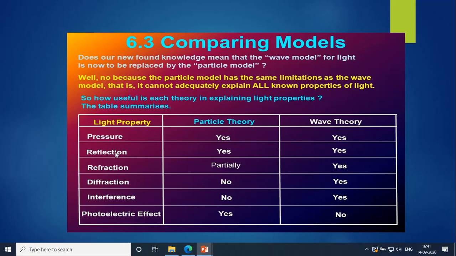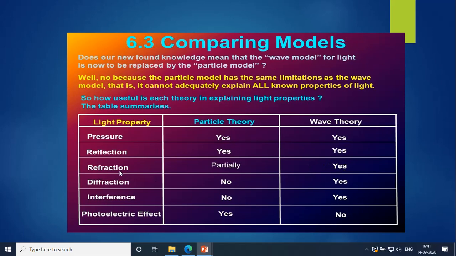Reflection can be explained by both particle theory and wave theory without any problem. Refraction can be explained using particle theory, but not to a satisfactory level, while wave theory explains refraction well.